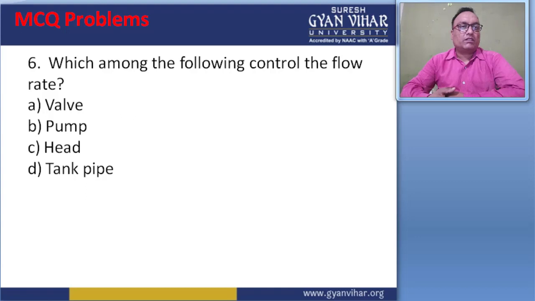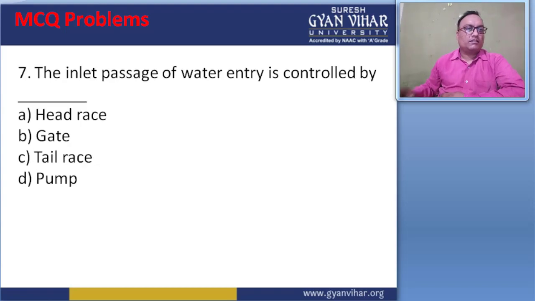The valve controls the flow rate, so A is the right answer for this question. Then the inlet passage of water entry is controlled by head race, gate, tail race, or pump. The inlet passage of water entry is controlled by a gate, so B is the right answer.